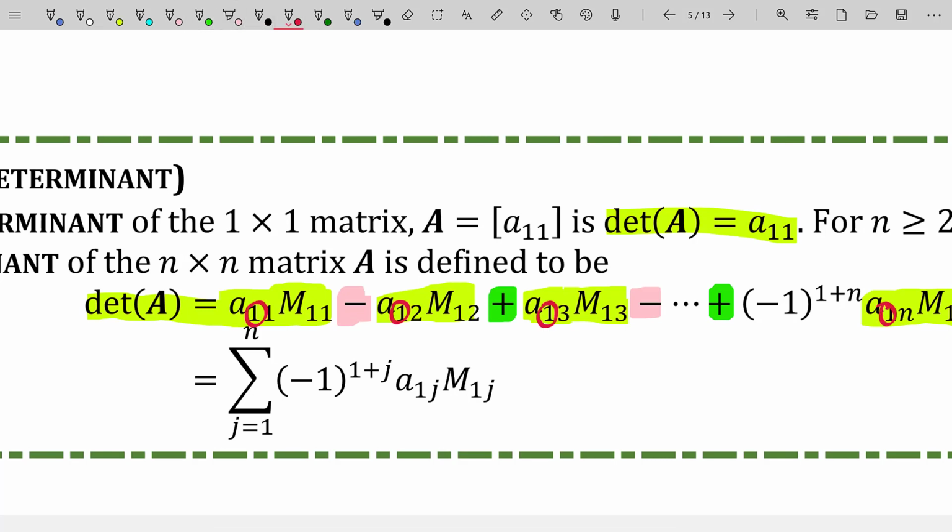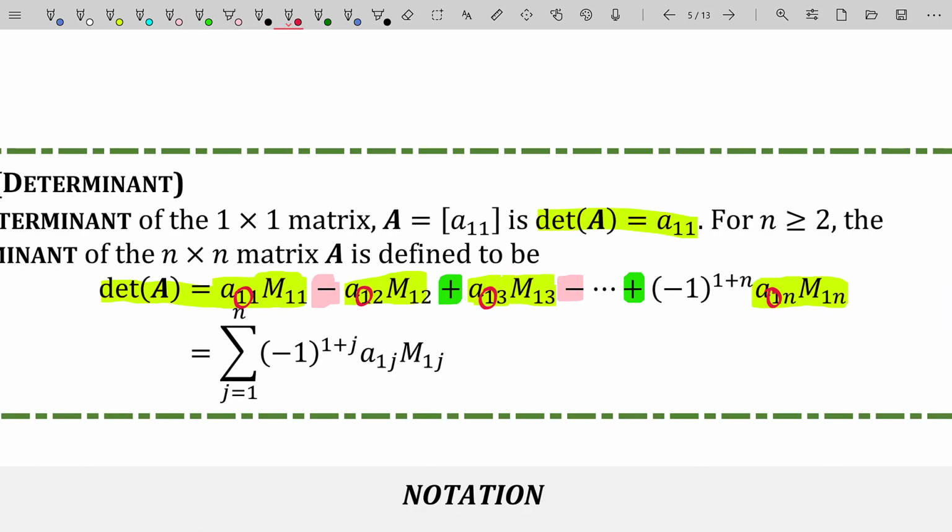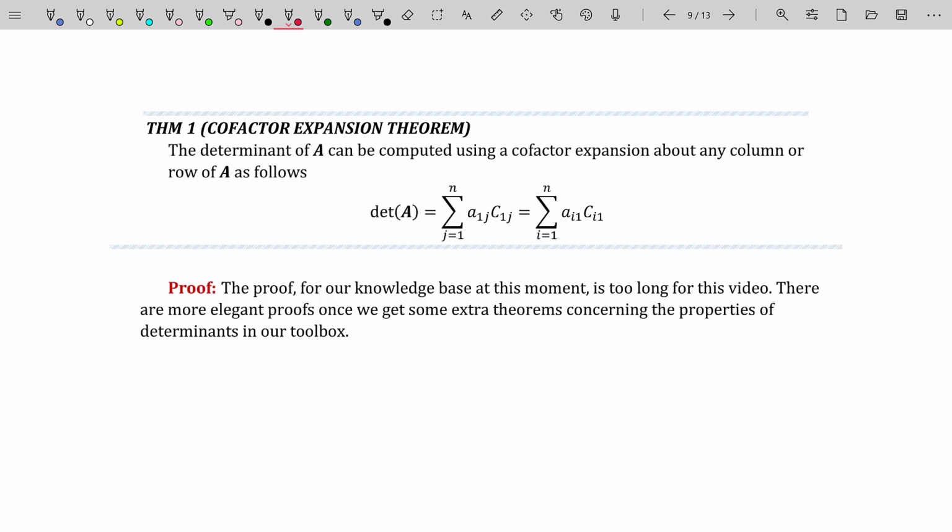Notice all our entries are about the first row, but it turns out that we could have instead done what's called expanding about any row or any column. And trust me when I say, being able to expand your determinant about any row or any column of your choice is incredibly powerful. Hint, take advantage of zeros.